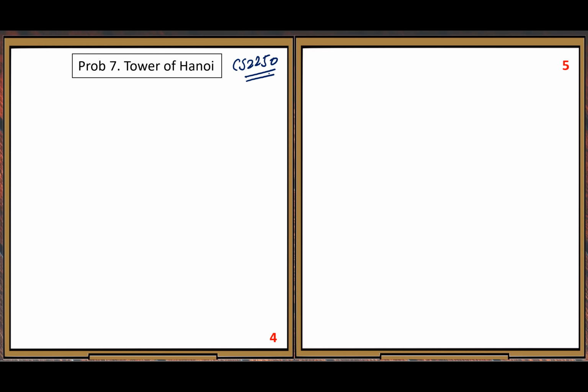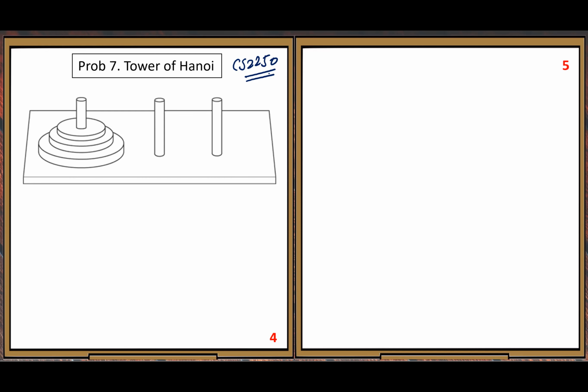It is in our textbook, the Tower of Hanoi. You can find the problem in our textbook. But for the solution, I need to use some material from my CS3250 notes. For example, the diagrams. So I took the diagrams from that class.